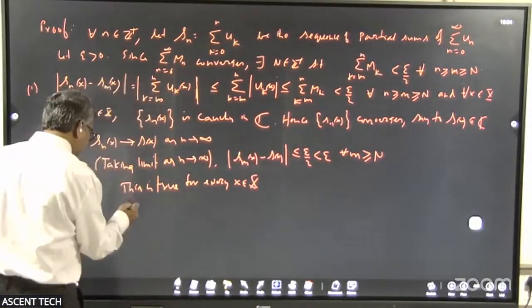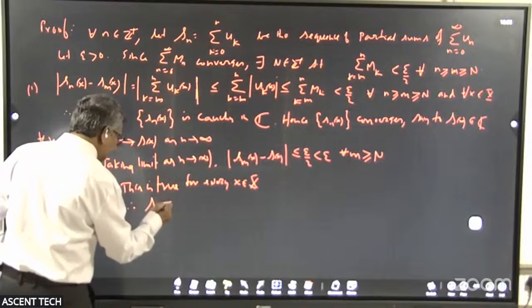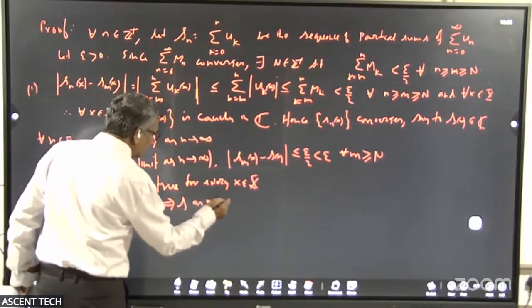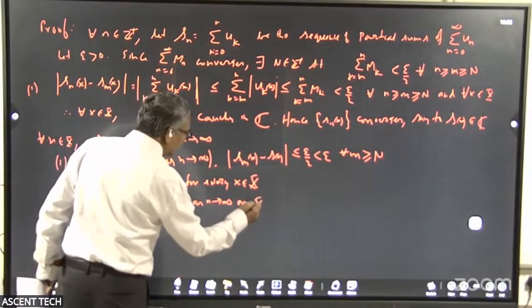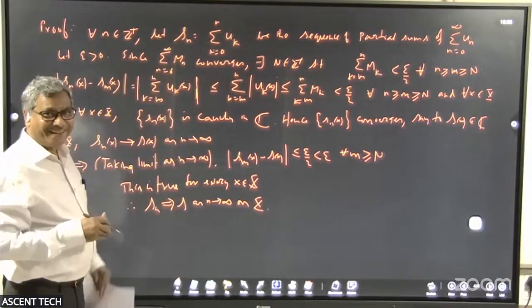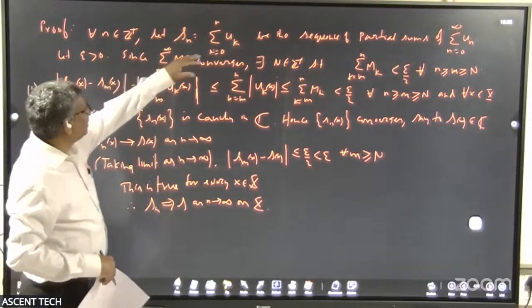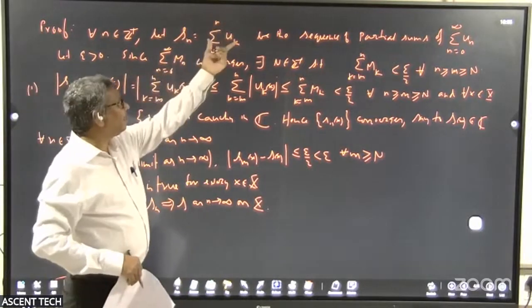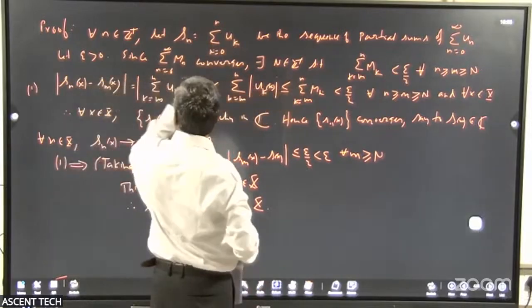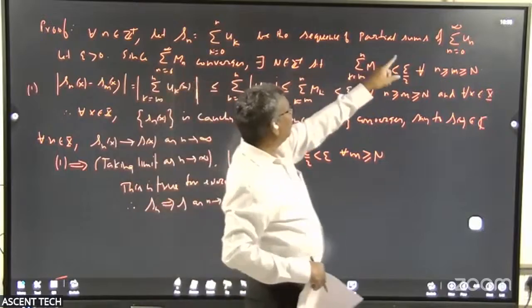Therefore, Sn converges to S as n tends to infinity. So this test is quite convenient. This is a series of functions, but each function is bounded, each un(x) is bounded by Mn.